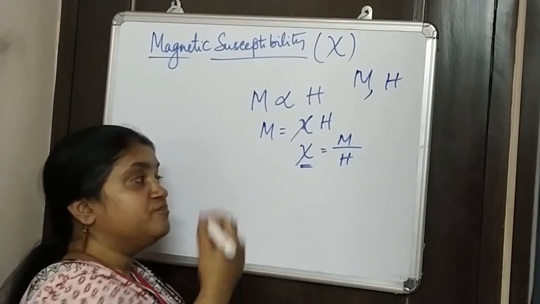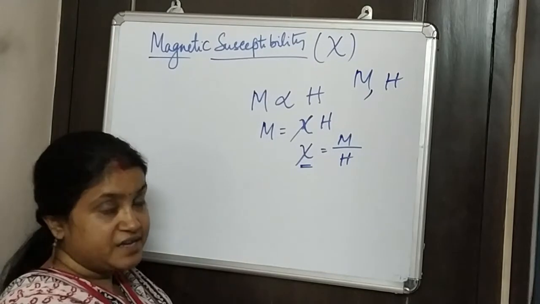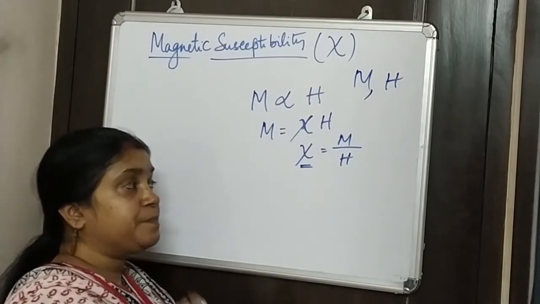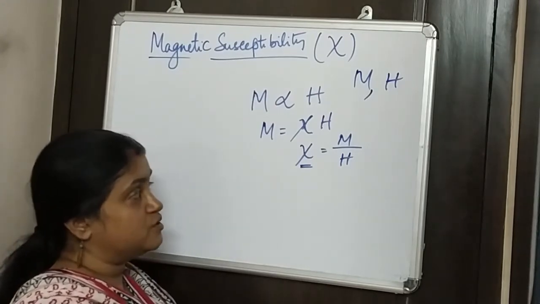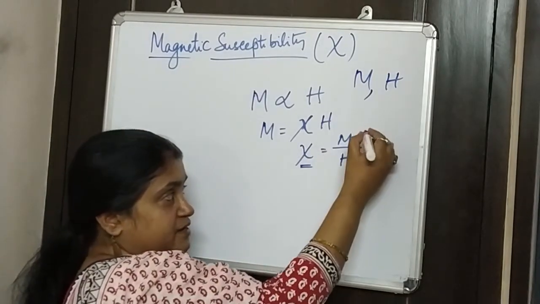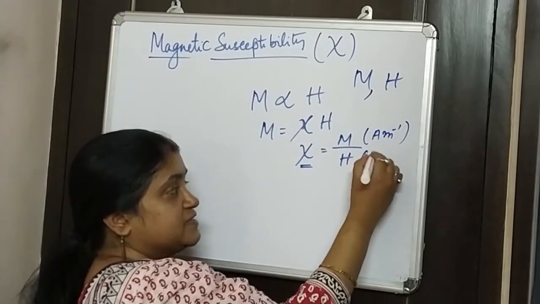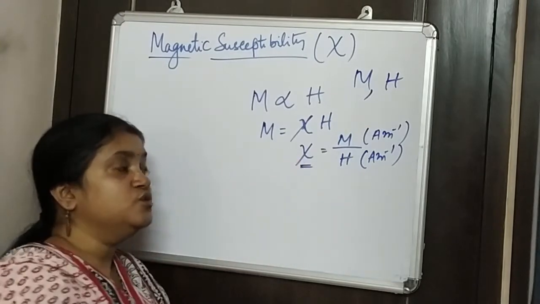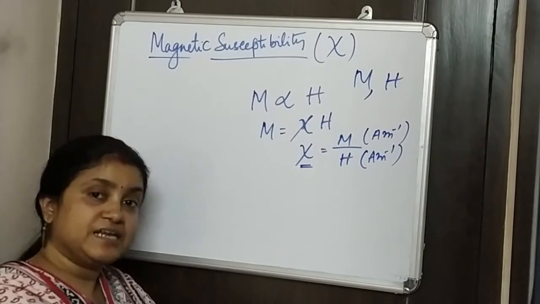Magnetic susceptibility is generally unitless, since magnetization has a unit ampere per meter, and the field also has a unit ampere per meter, and therefore their ratio is a unitless quantity. So chi is a unitless quantity.